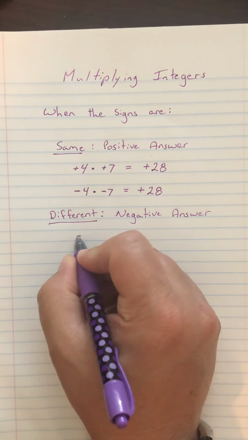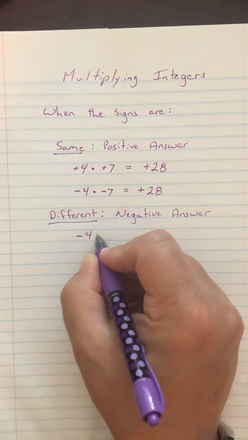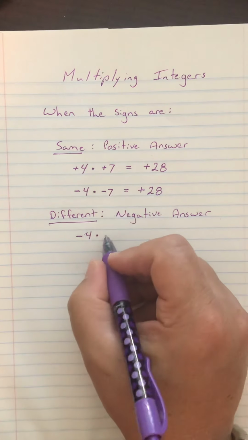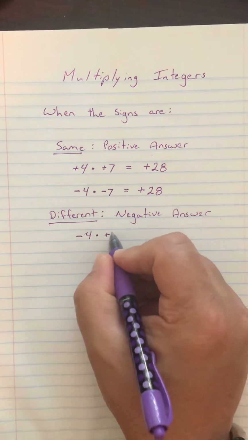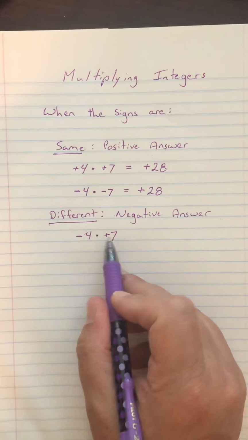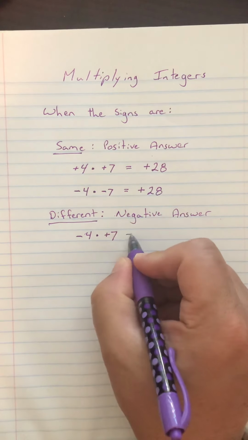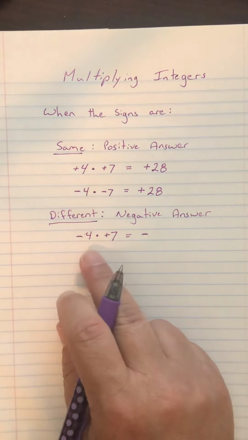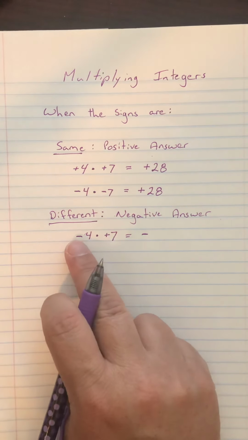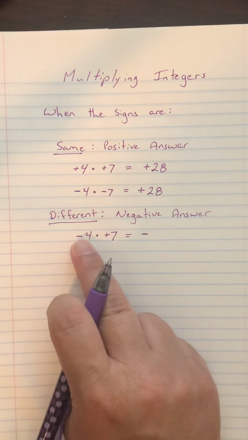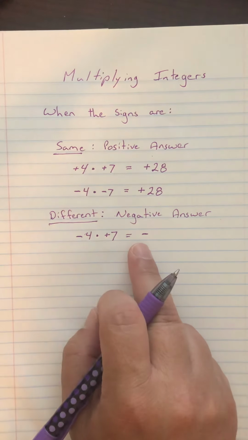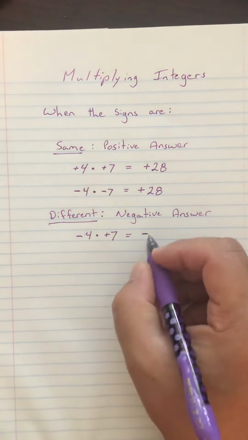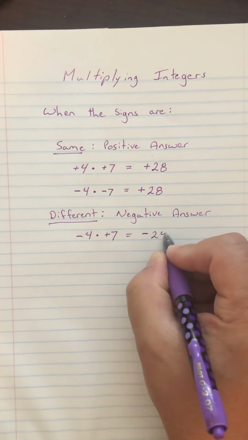So if my 4 was negative and my 7 was positive, they are different signs. My answer is automatically a negative number. I haven't even talked about the 4 and the 7 yet. I'm just looking at the signs. Negative, positive. They're different, negative answer. Now I can look at the numbers there. 4 times 7 is 28.